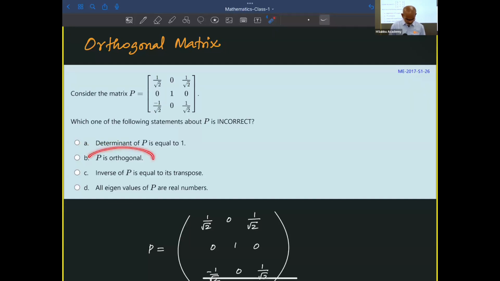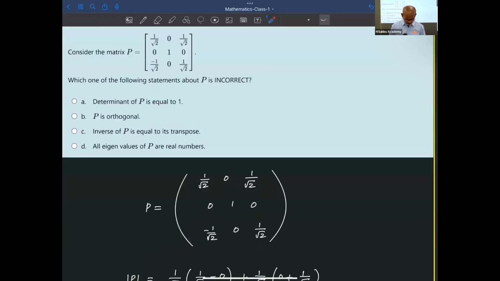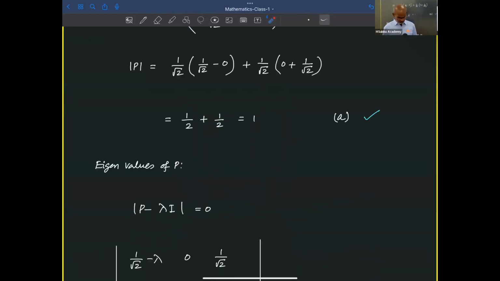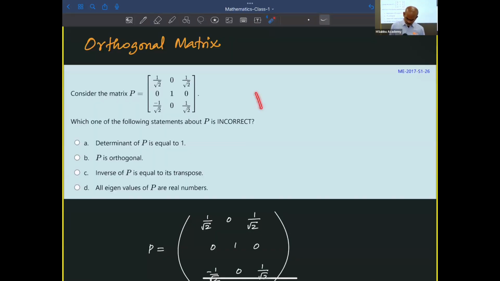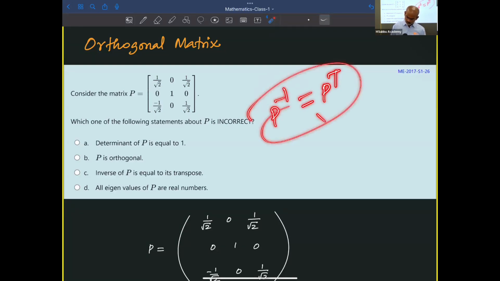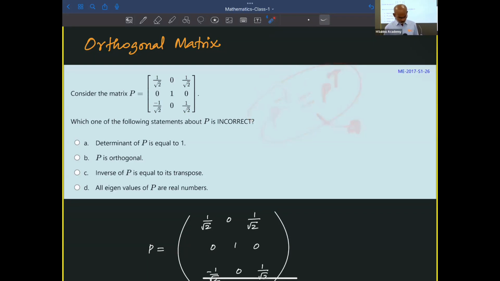Okay, so what is meant by orthogonal? For an orthogonal matrix, the rule is that the inverse is equal to the transpose, that is, P inverse is simply equal to P transpose, which is applicable for an orthogonal matrix. So that we can check. They also mention that the inverse of P is equal to the transpose.